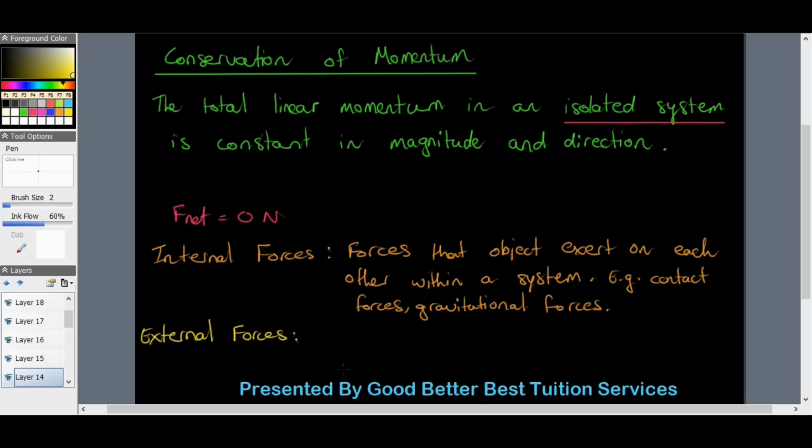All right, forces, which I mentioned already now, from outside the system or a system. Okay, and they act on objects, so I'm going to divert over here, on objects that are also within the system.